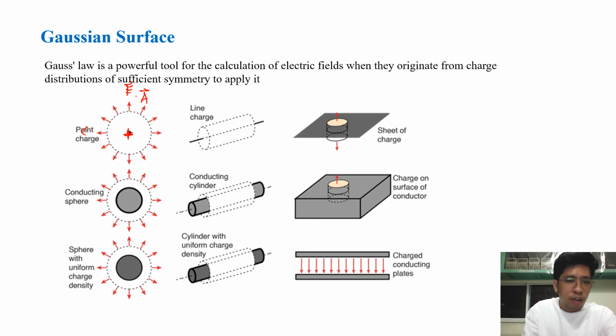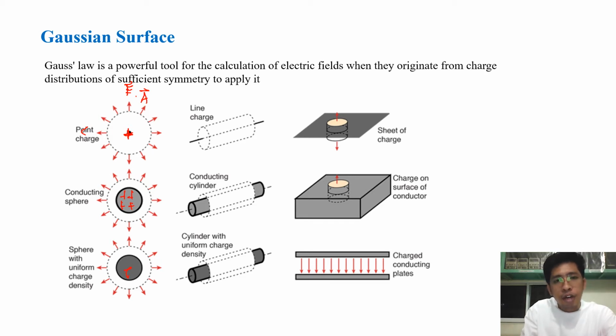The same is true for a conducting sphere, a sphere of positive charges. We use a spherical Gaussian surface. Also for a sphere with uniform charge density, if this is a volume, you have your rho.